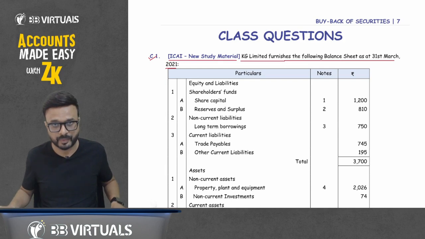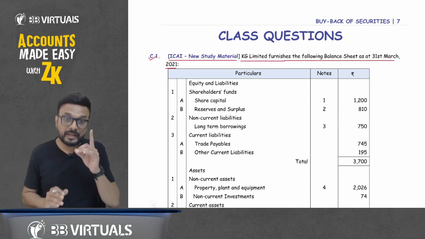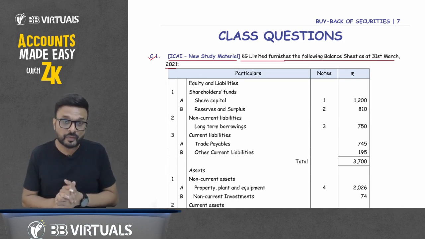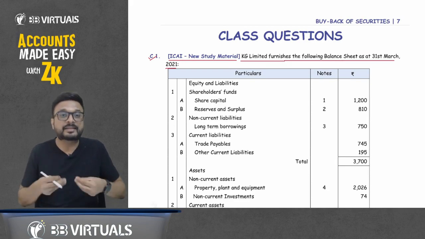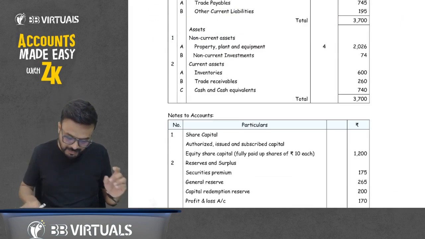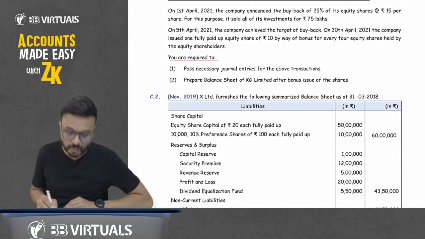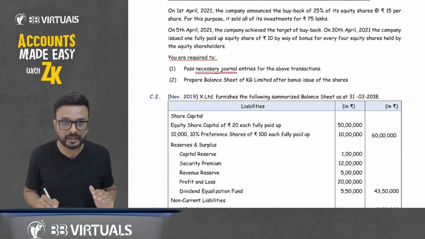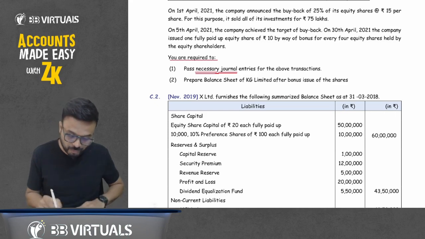Remember one thing: when you start any question, even in the examination, first you have to see what is asked. So directly read the last line first. You are required to pass necessary journal entries. The adjustment is given there.